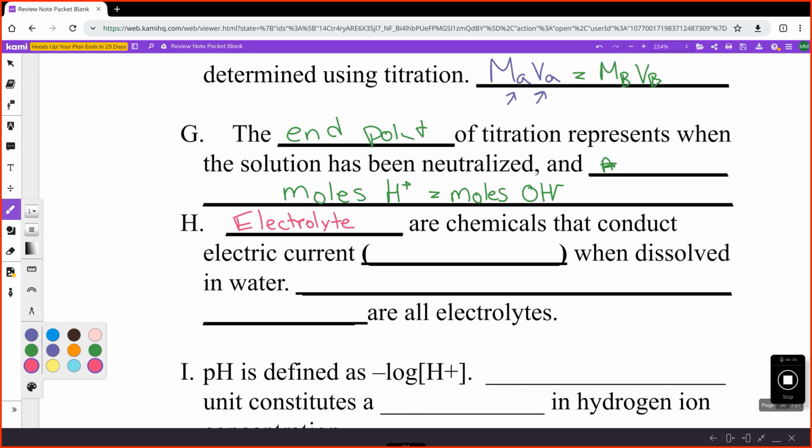The reason acids and bases do that is because the ions separate. In this case, H plus is floating around, OH minus is floating around.